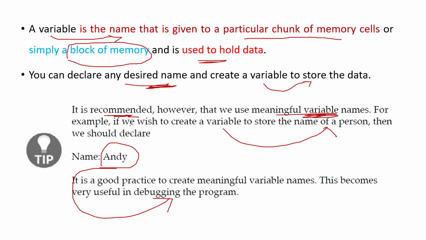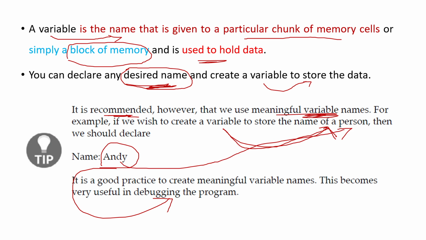You can give any desired name for a variable, because anyhow it is just a name given to a block of memory. But you don't do it like that. You follow a recommendation or a good principle. Whenever you create a variable to store a type of data, always give a meaningful name to that variable, so that it at least gives a clue what that variable is holding, right?